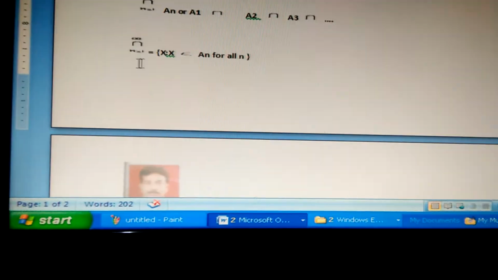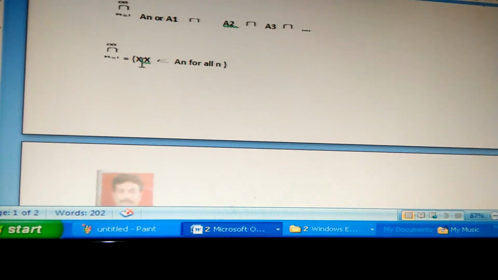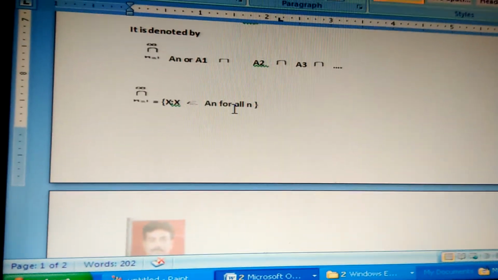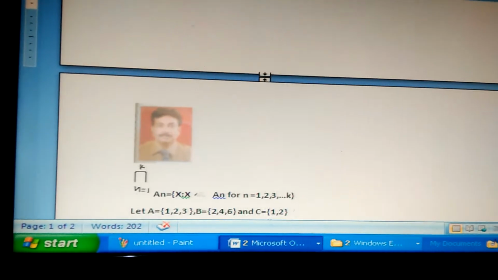Now n equal to 1 to infinity of An can also be written as the set of x such that x belongs to An for all n.